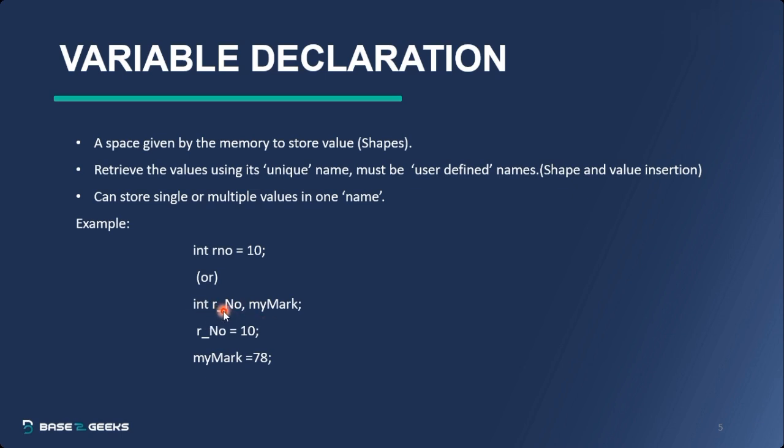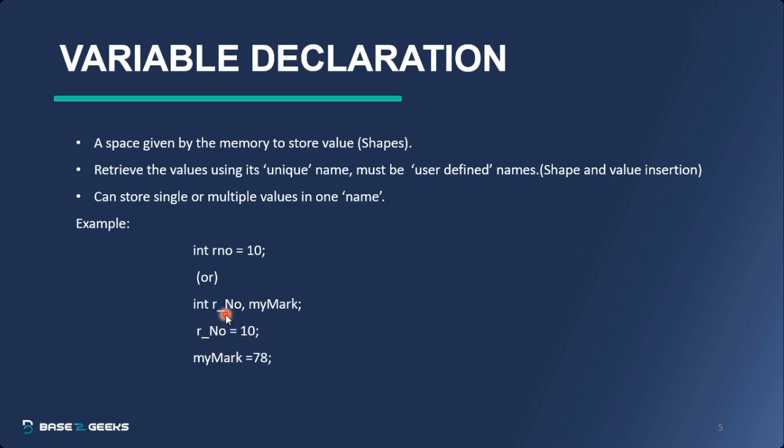The starting letter will be small, followed by an underscore and a number, or like this also I can give. Small case letters have to be used at the start while writing variable names. Apart from this symbol, nothing else will be supported by your variable name. Underscore only you can add.